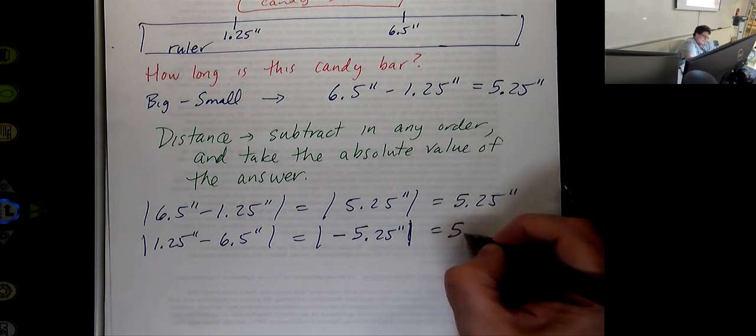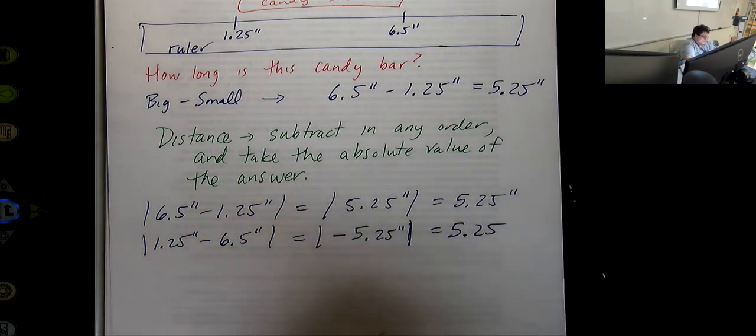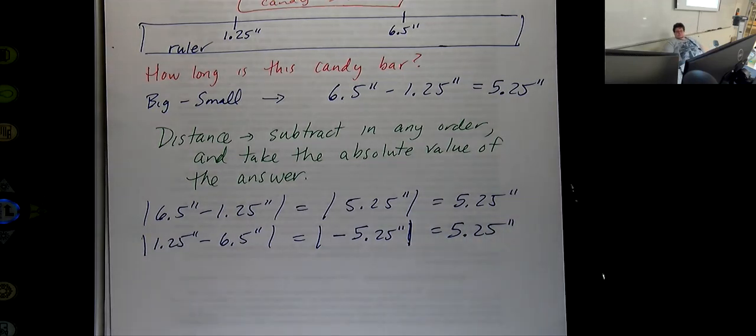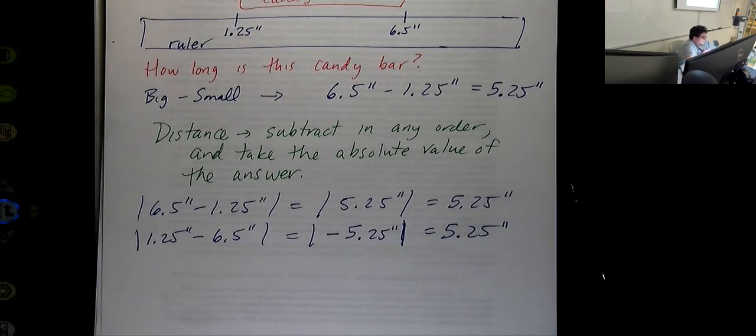Any negative sign after you've done the calculations becomes positive. So you're just subtracting and making the answer positive. That's pretty easy.